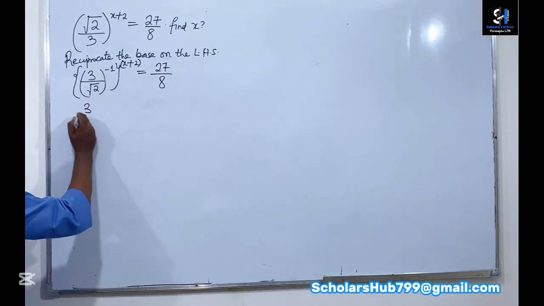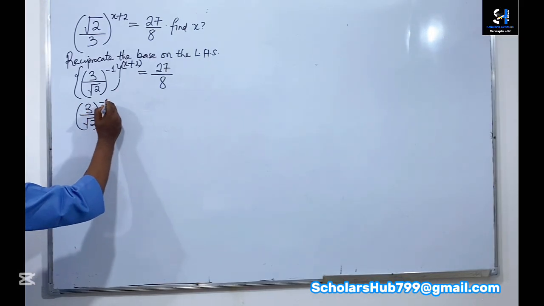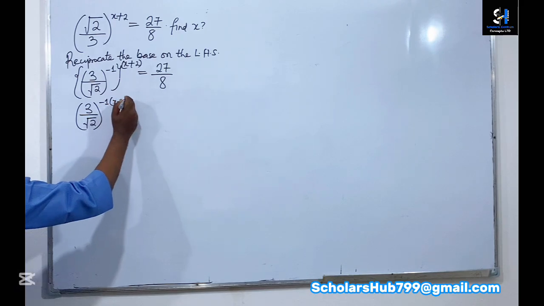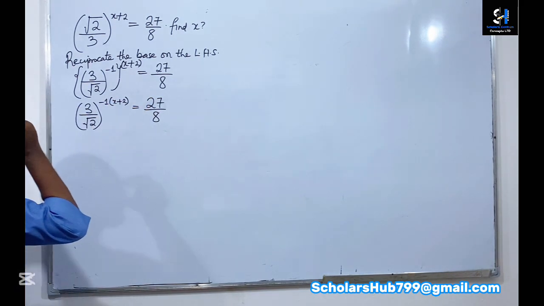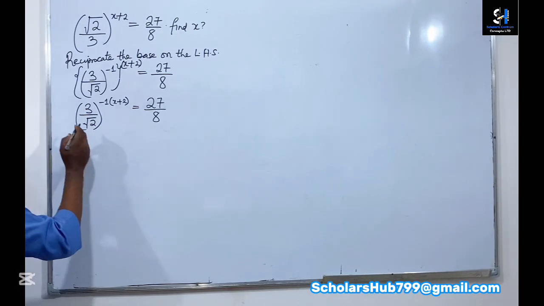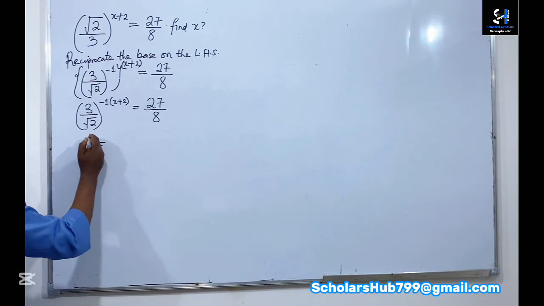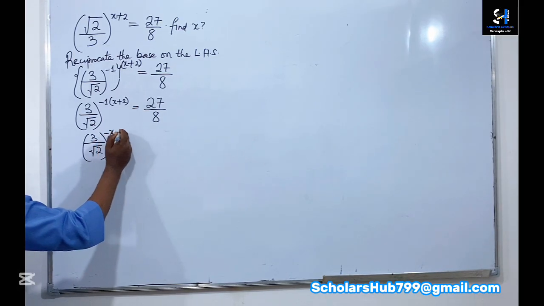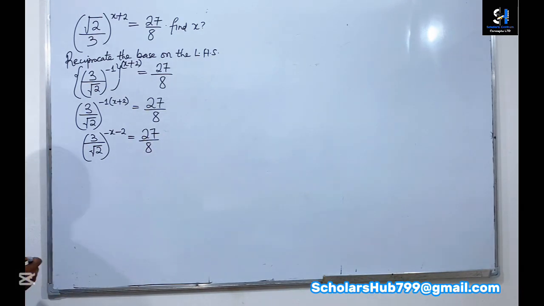Now this is (3/√2) raised to the power of -1 times (x+2), equals 27/8. Removing the parentheses, this will be (3/√2)^(-x-2) = 27/8.